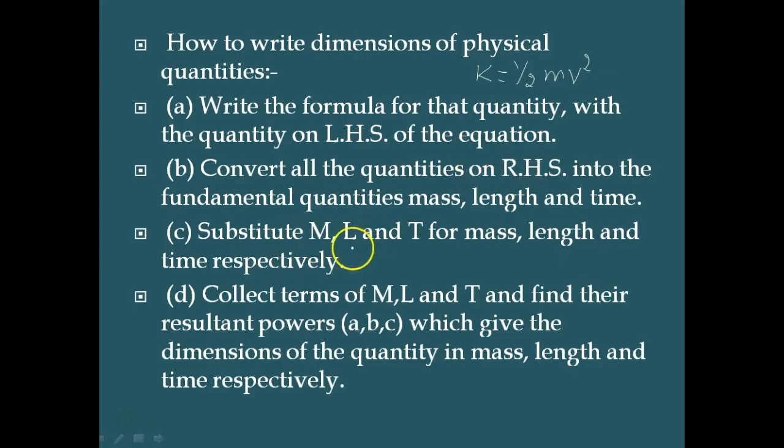Substitute M, L and T for mass, length and time respectively, as we considered in the previous example. Collect the terms of M, L, T and find the resultant powers which give the dimensions of the quantity in mass, length and time respectively.